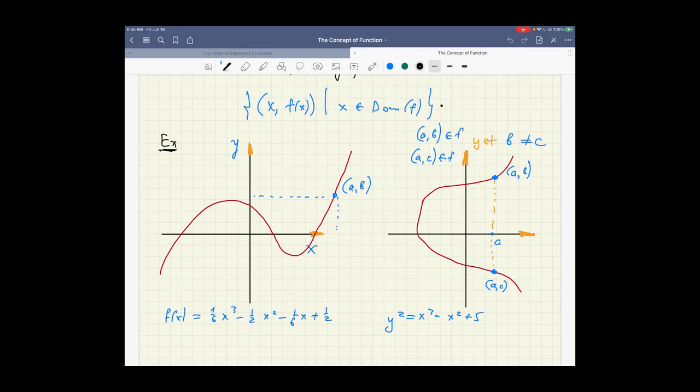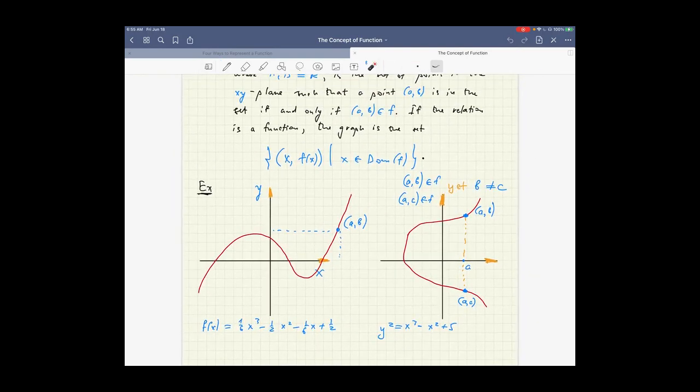These are two curves, and we discussed in the past that this curve on the right cannot be the graph of a function because we have two pairs, (a, b) and (a, c), on this curve, with b not equal to c.